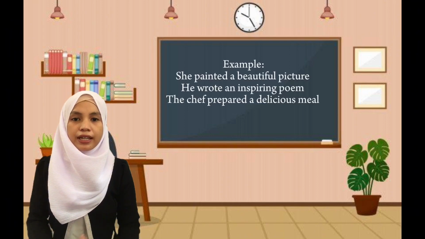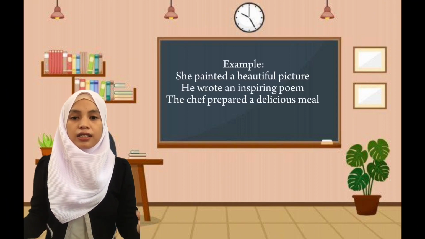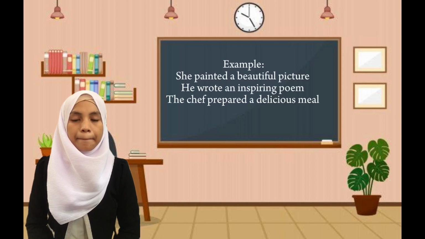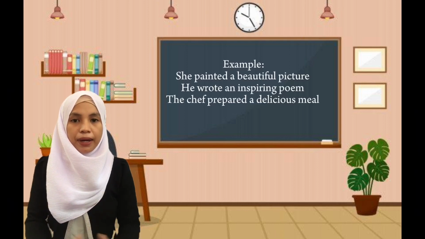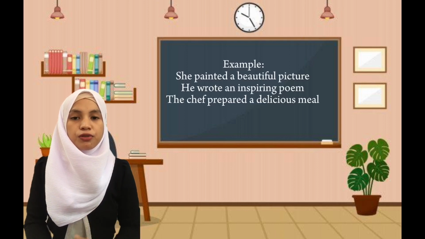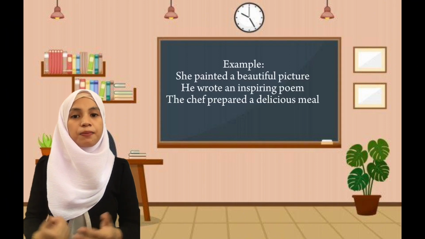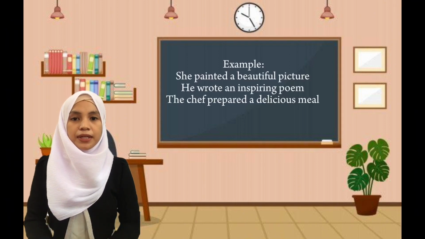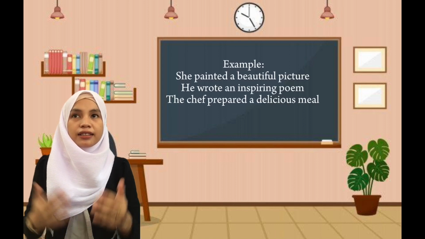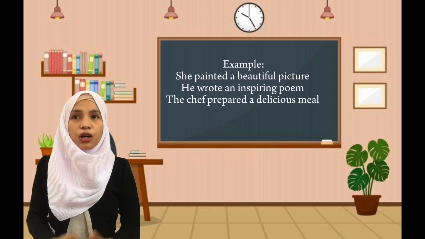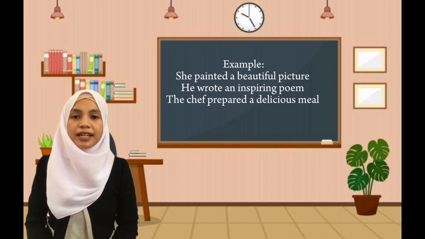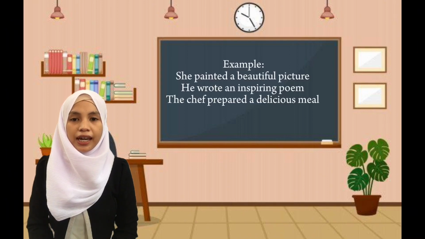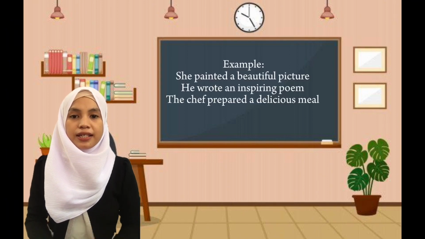Where do you think is the subject and the object? Okay, very good, class. Our subject here is the chef and the object is the delicious meal, because again active voice is where the subject performs the action, and the chef is the subject who is performing the action of preparing. Do you understand? Okay, I think you understand what is active voice.